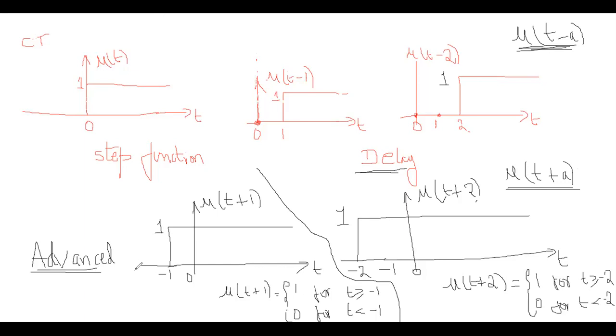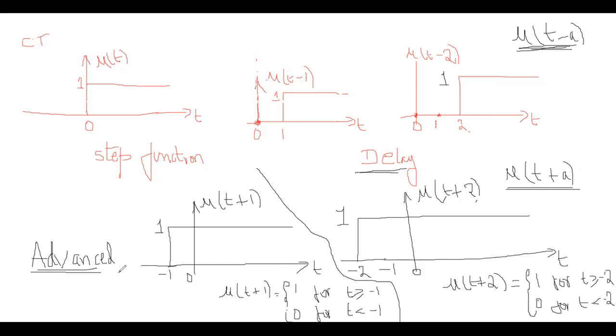Now you can understand how you can shift the samples towards the right side and how you can shift the samples towards the left side. It is a linear shifting. Linear means towards the right side or towards the left side.